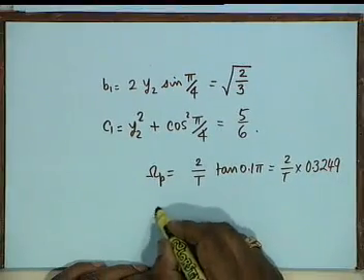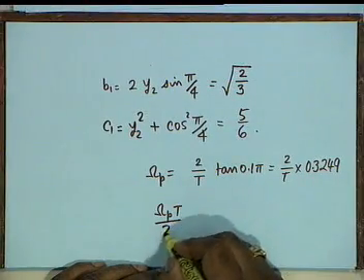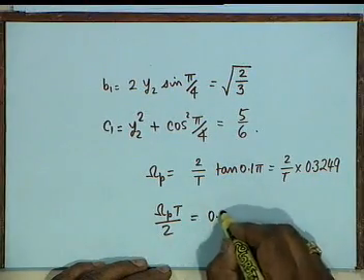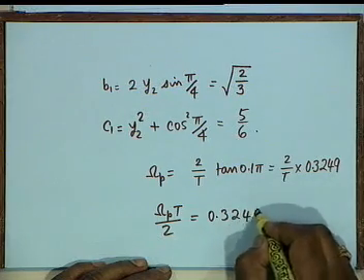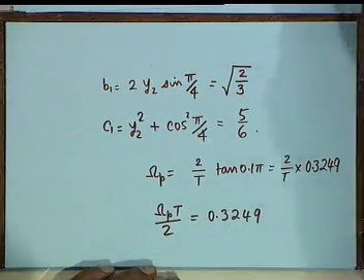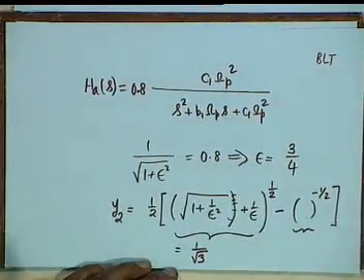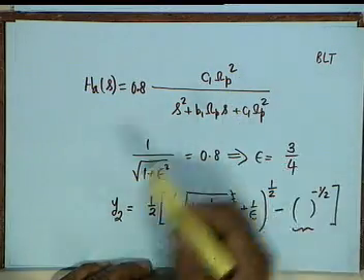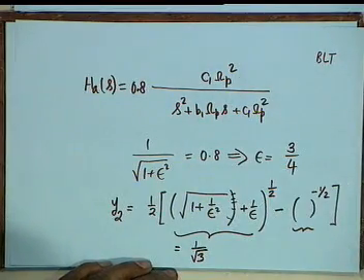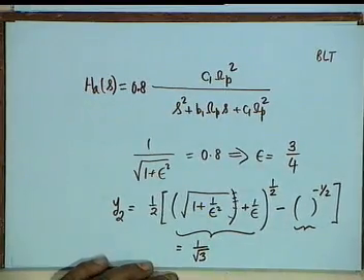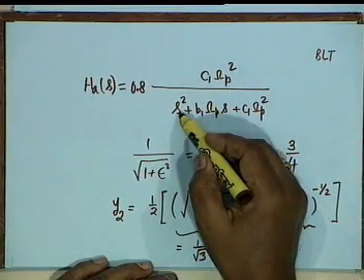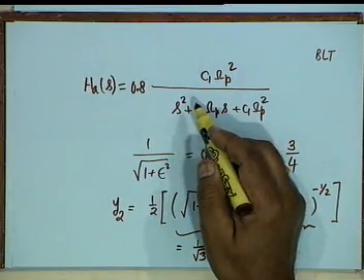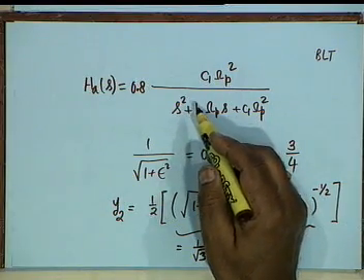What we require is omega p T by 2, that is 0.3249, because this transfer function can now be written as C1 omega p T by 2 whole squared, therefore 0.3249 squared, S T by 2 whole squared, which is 1 minus z inverse by 1 plus z inverse whole squared.